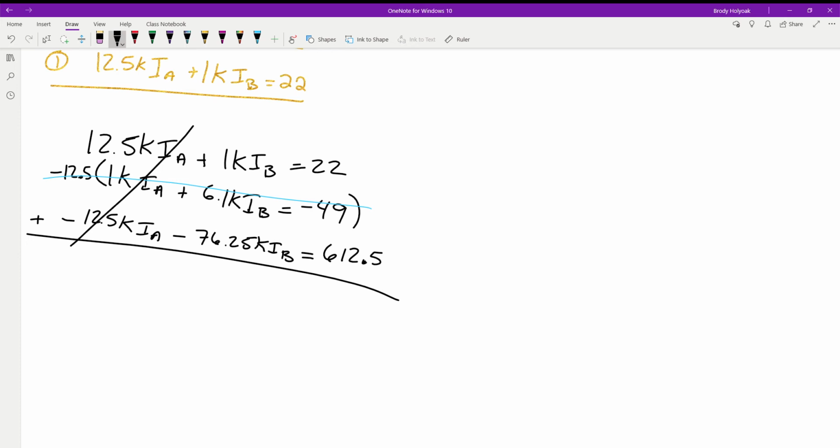That is going to drop to negative 75.25K times IB is equal to 612.5 plus 22, 634.5. Then we're going to solve for IB. We divide both sides by negative 75.25K.